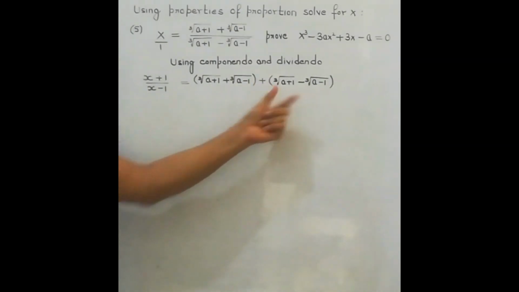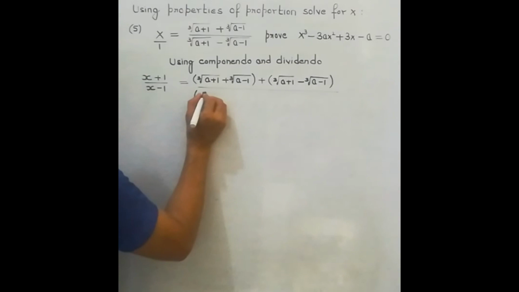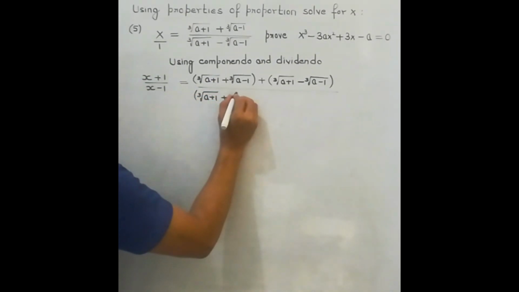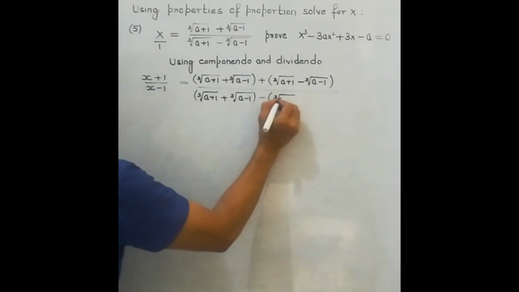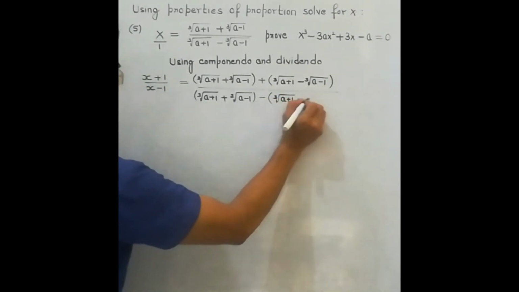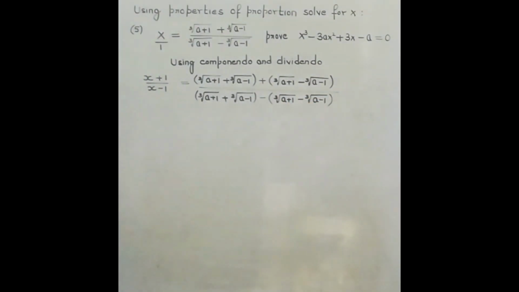The numerator plus denominator. Minus denominator. So we have written this, the numerator. Hope this step is clear to you. We have applied componendo and dividendo. And remember, whenever it is to be applied, it should be applied on both sides, not only one side.